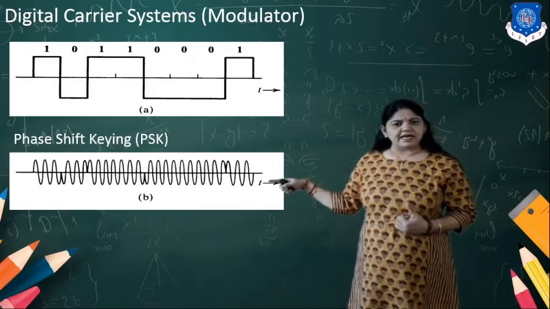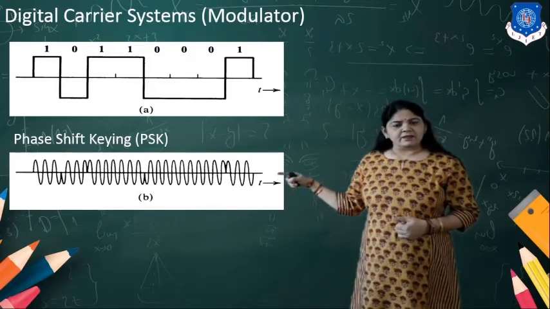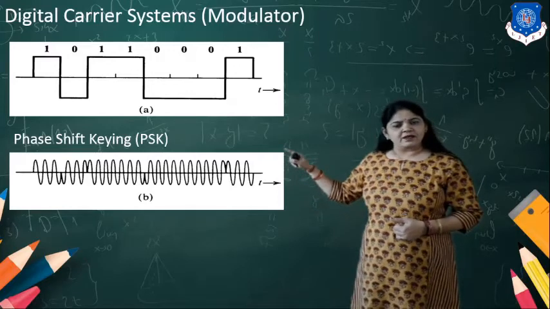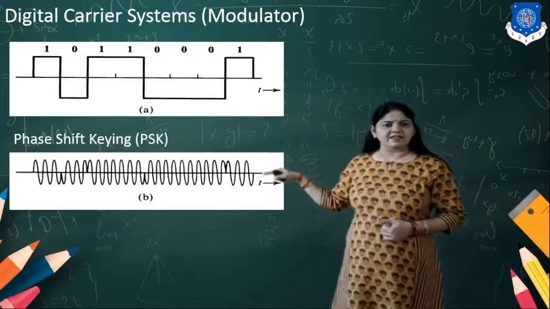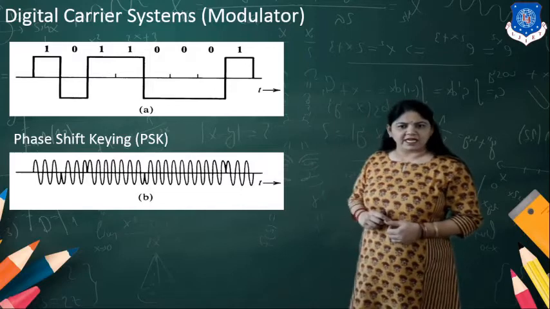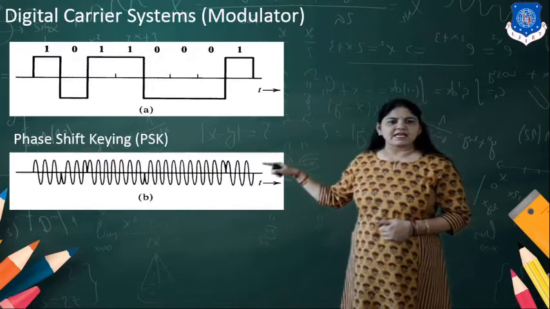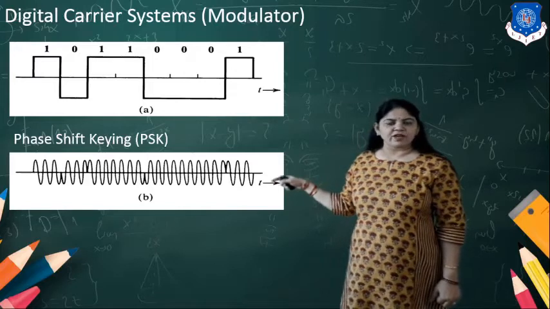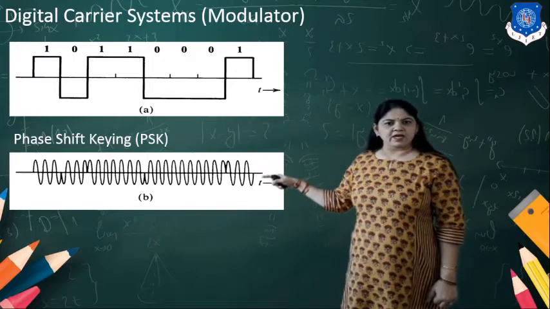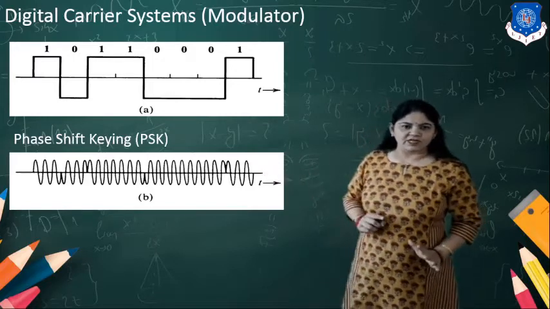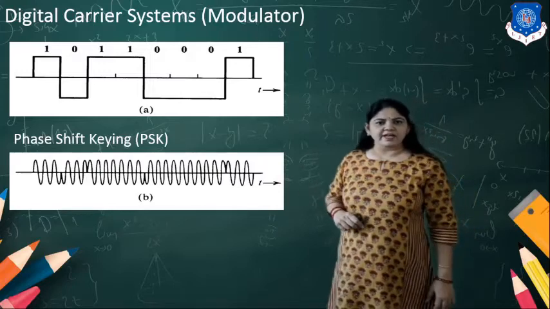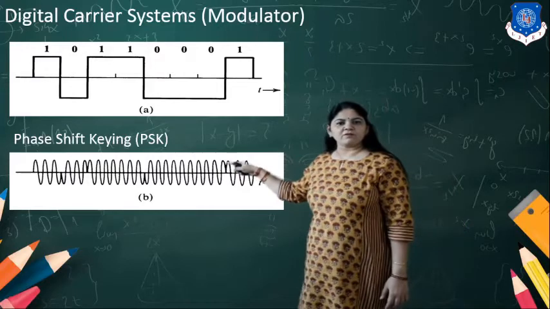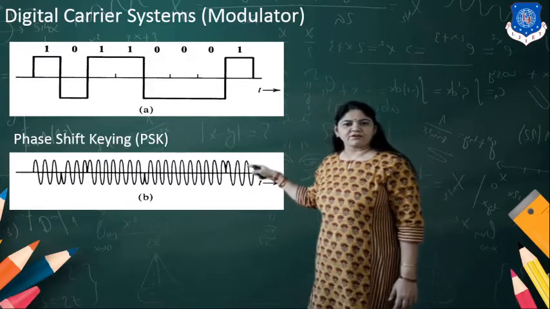So in the diagram you can see the carrier signal as before. For the 1, the data is multiplied with the carrier signal, so you can see the carrier signal present in the form of an analog signal with 0 phase shift. Now for the 0 data you can see that it starts from the 180 degree phase shift.